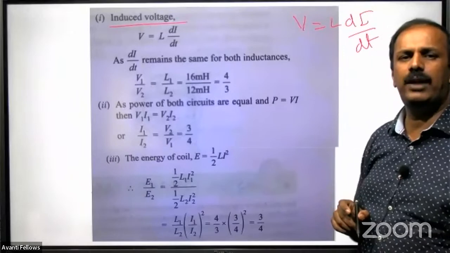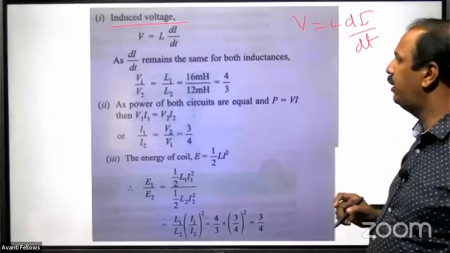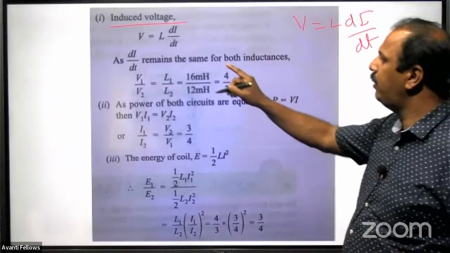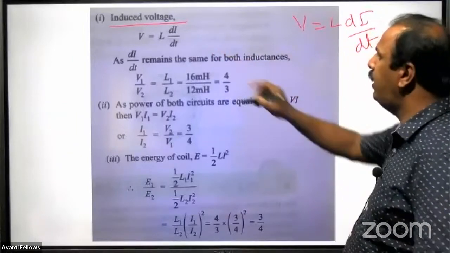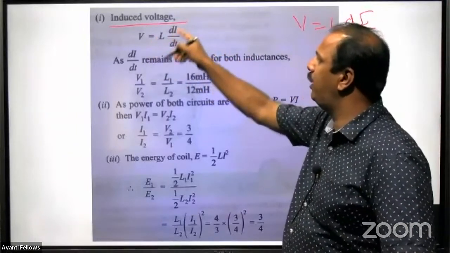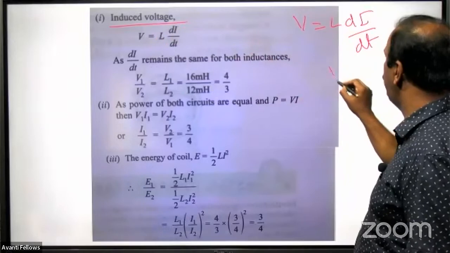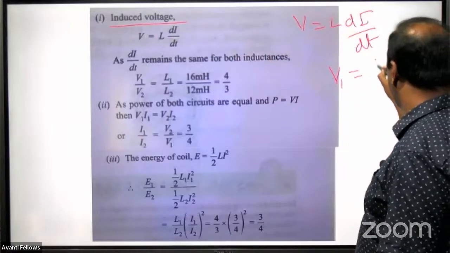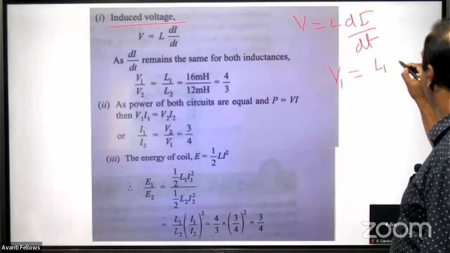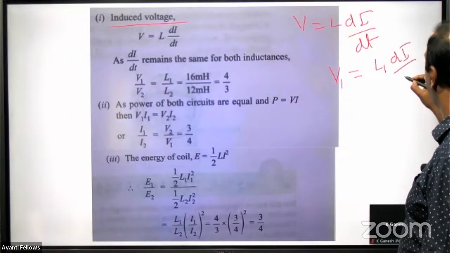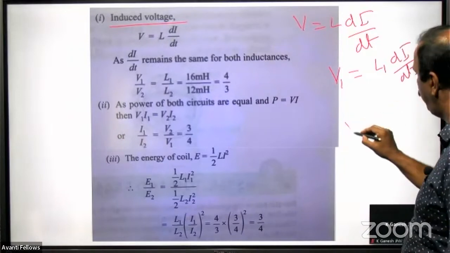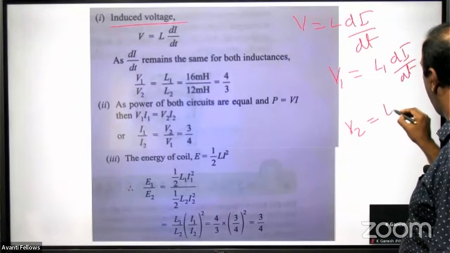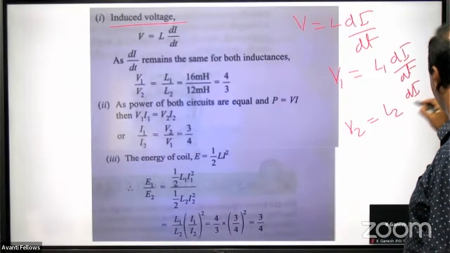So V1 will be L1 into di by dt and V2 will be L2 into di by dt.